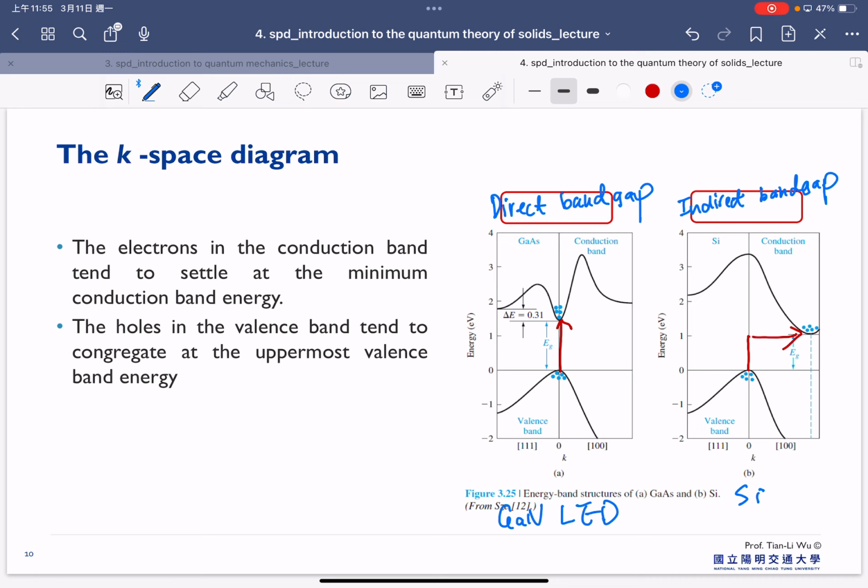But the LED is mainly made of gallium nitride material, and this is because gallium nitride is a direct band gap. So that's why we can have very good light emission efficiency. This is why we have to understand K space, because it's related to direct or indirect band gap materials.